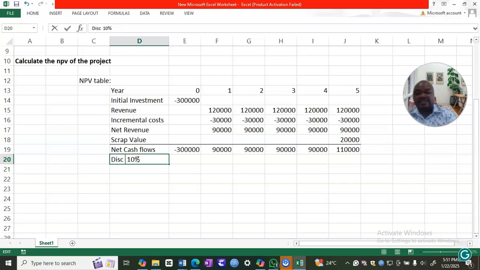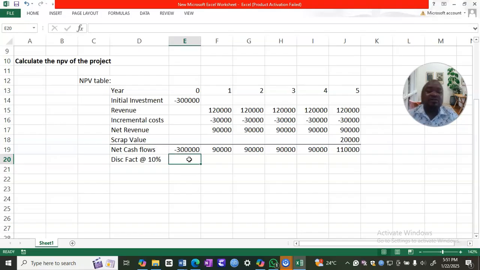So this is why I said discount factor. The factors are the figures which are going to be in the table. All right, discount factor at 10%. Remember, the cost of capital was 10% according to the question. So how do you compute the discount factors?